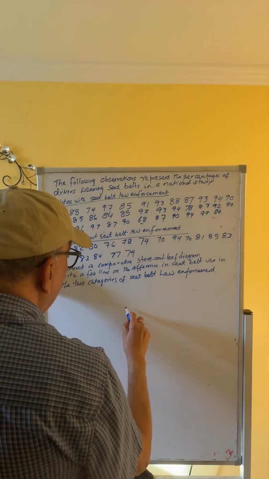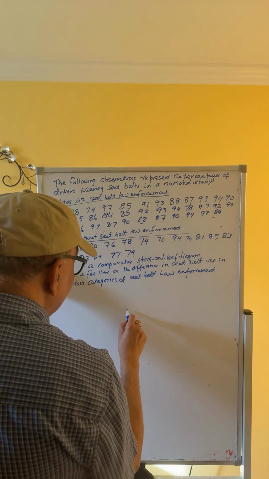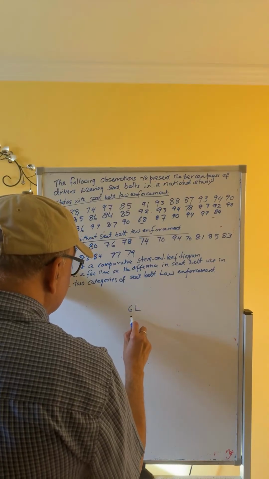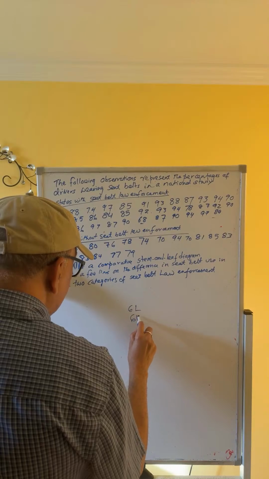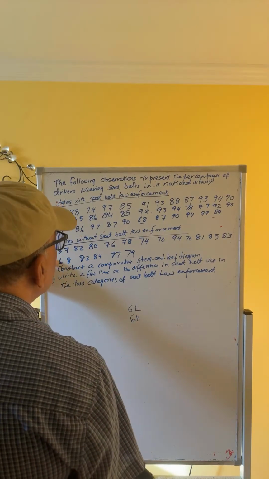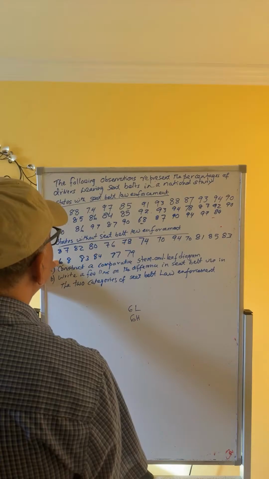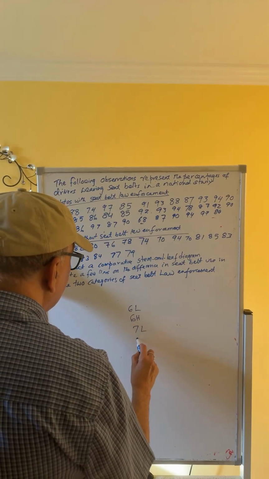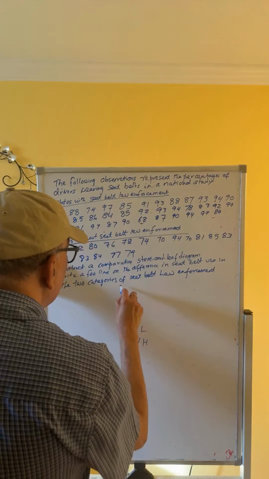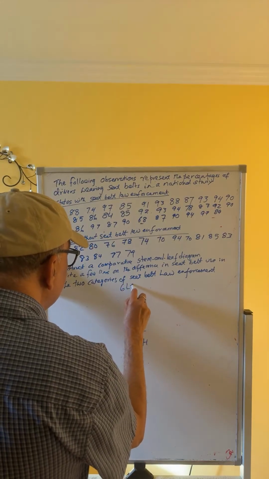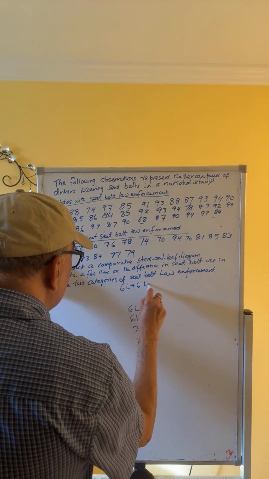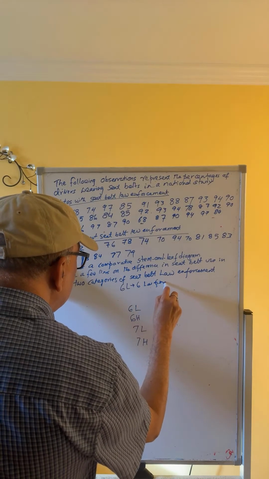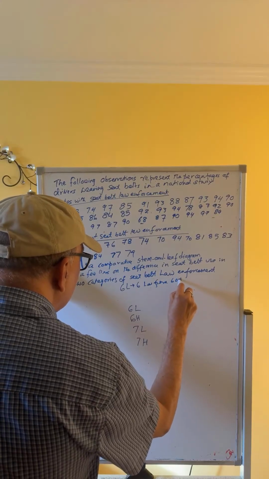Okay. Now I will do two categories for 6. I will explain to you in a minute what it is. 6 low and then 6 high. Then the next number I find is 7. Again 7 low and 7 high. So what is 6L? 6L is 6 low. It is from 60 to 64.